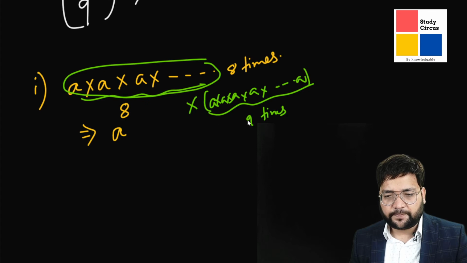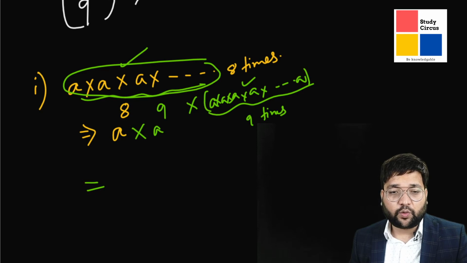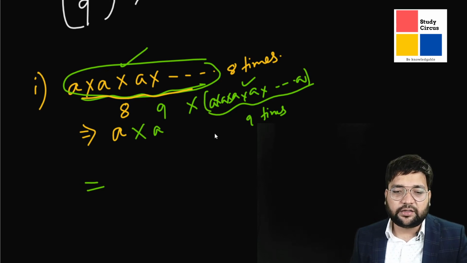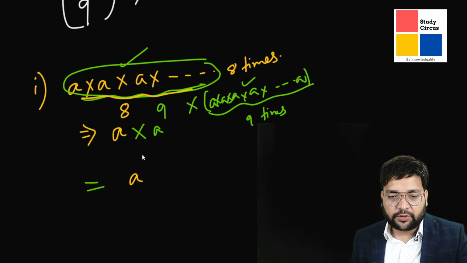So this is a to the power 8 into a to the power 9. What is that going to be? This is a, 8 times, into a, 9 times. So how many in total? 8 plus 9, 17, right? So this can be written as a to the power 8 plus 9. That is a to the power 17, right?